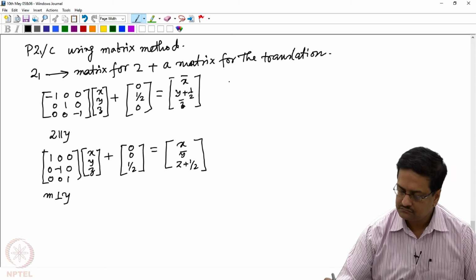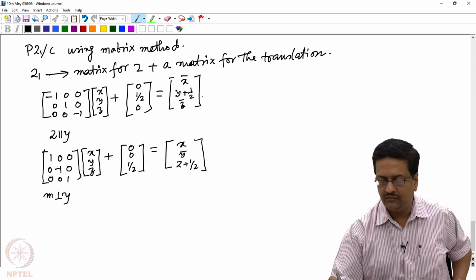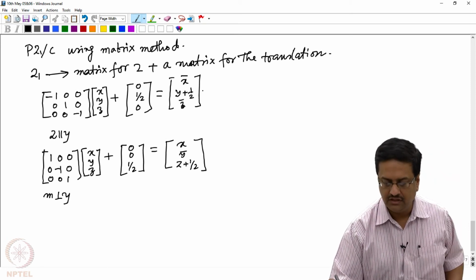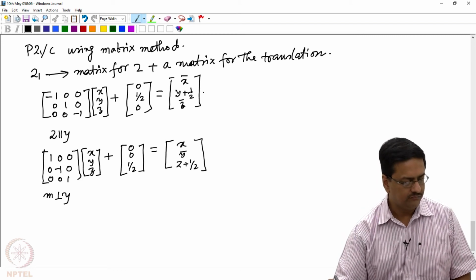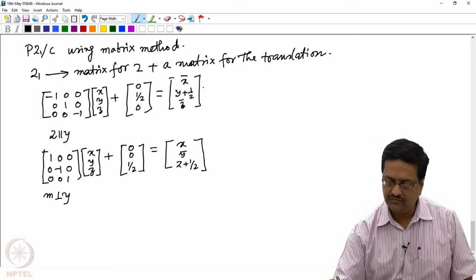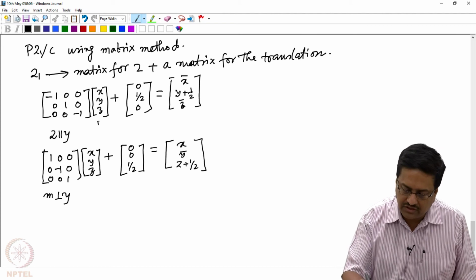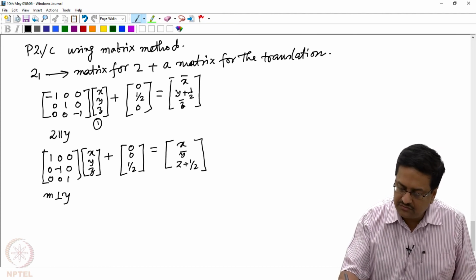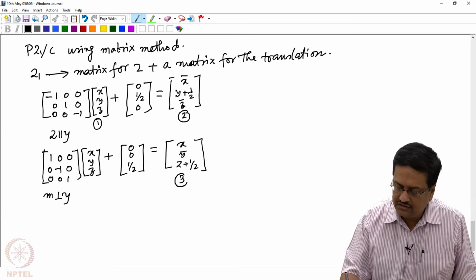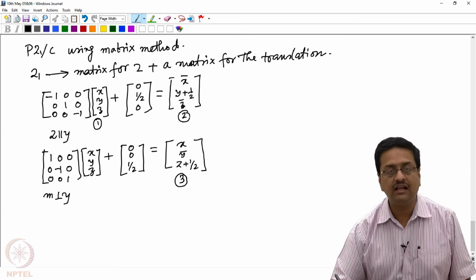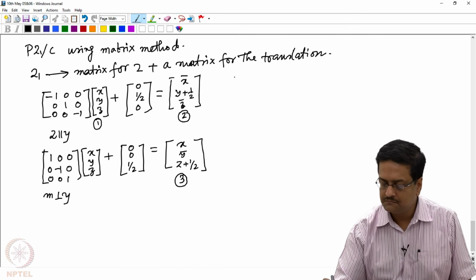Now we once again apply a C glide on the point which we obtained here. So this is our point number 1, this is the point number 2, this is the point number 3. Now I am applying C glide on point number 2.